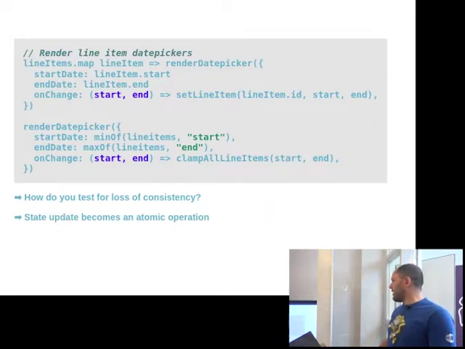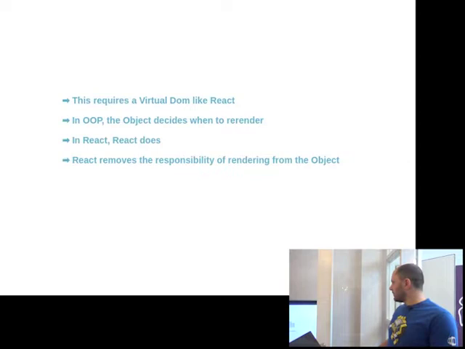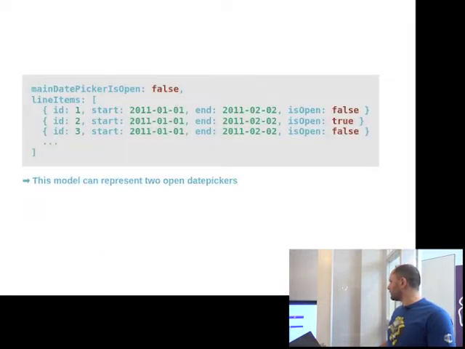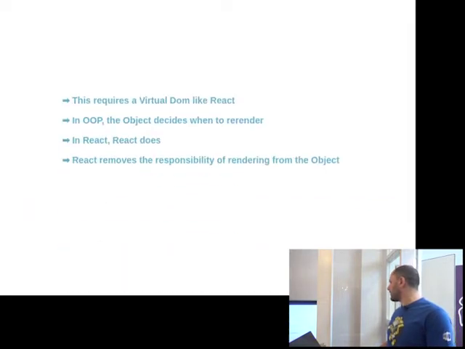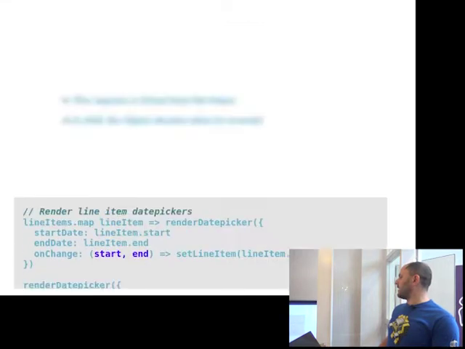For the main date picker, we have a minimum and a maximum, as we described already. So let's think about this set line item and clamp all line items.